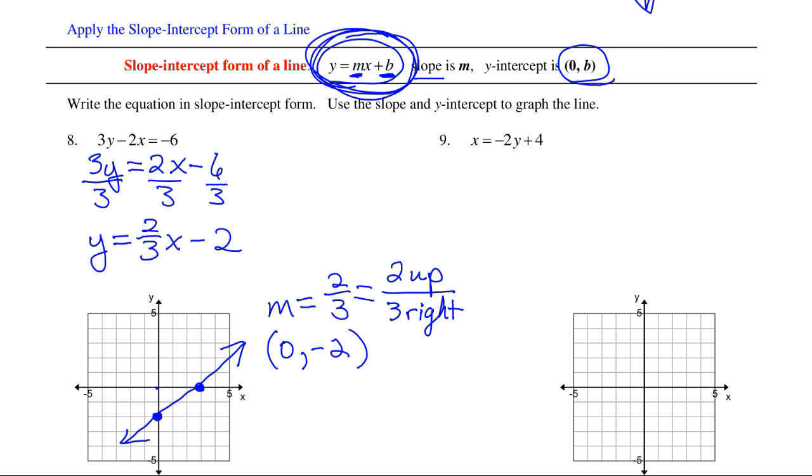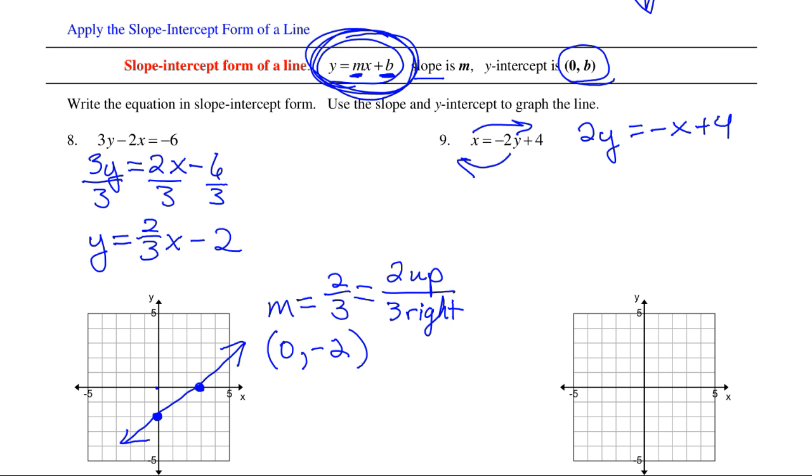Okay, let's look at number 9. Notice on this one, it's actually completely backwards. I'm going to move my -2y to the left, and move my x over to the right, just to get those rearranged. So I have positive 2y equals -x plus 4.